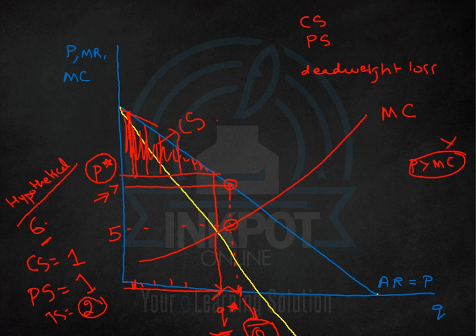But now let's see what is happening. These 2 rupees of surplus that can be obtained by transacting this unit is not going to anyone, because the monopolist has said, I am not going to sell anything beyond this Q star unit of output, right?